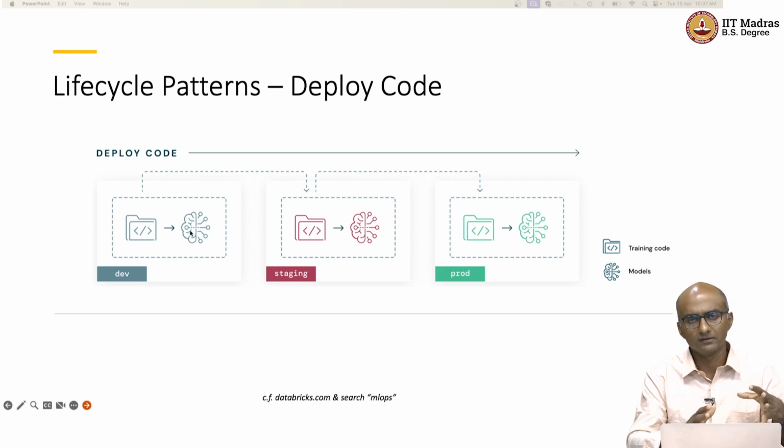So the classical approach that we want to follow is to do the bulk of our development, in fact, all of our development in dev, and then be able to have model outputs validated in staging against real world or close to real world data, and then finally deployed in production for live usage by the company, by the enterprise. The training code itself is depicted using this icon, and the model is depicted using this half brain icon. So the first lifecycle pattern that we will see is something called deploy code.